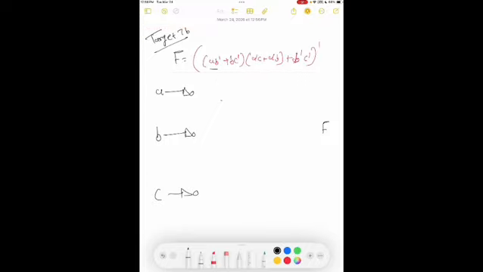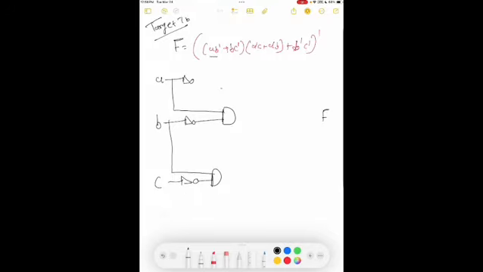First is A, B prime, and then the second is B, C prime. They both have a plus between them, so this is OR.